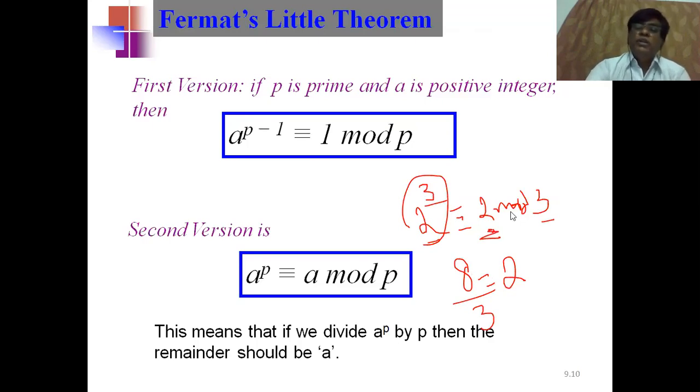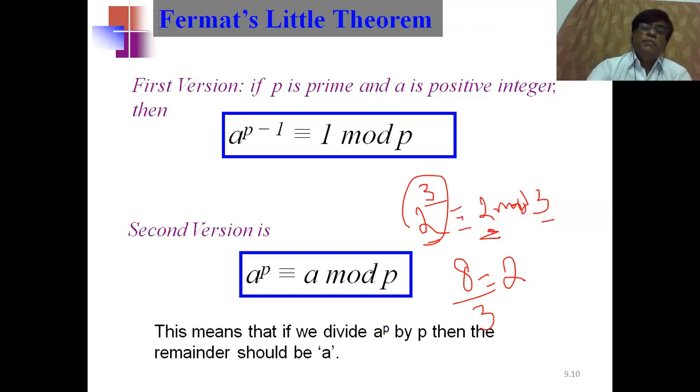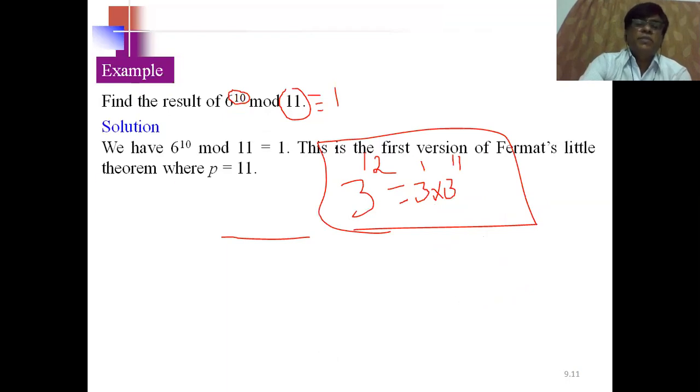So you can use the second version when the same prime value is here and here. Then the answer is A. If we have a prime number here and a prime minus 1 here, then the answer is 1 mod n.